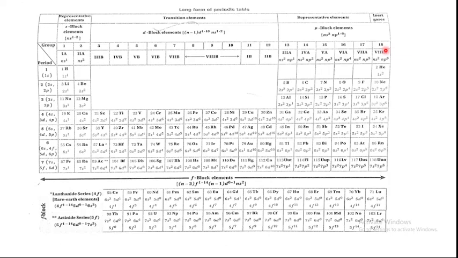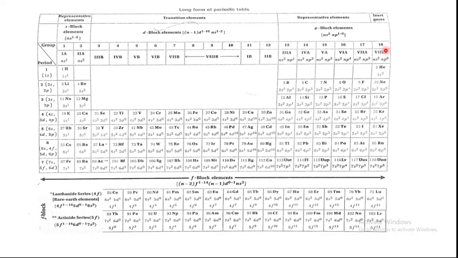Again, on moving down a group, due to gradual decrease in ionization potential, metallic character increases. Hence, metals exist at the bottom left side of the p block, whereas non-metals lie at the top right hand side, and metalloids stand midway between them.